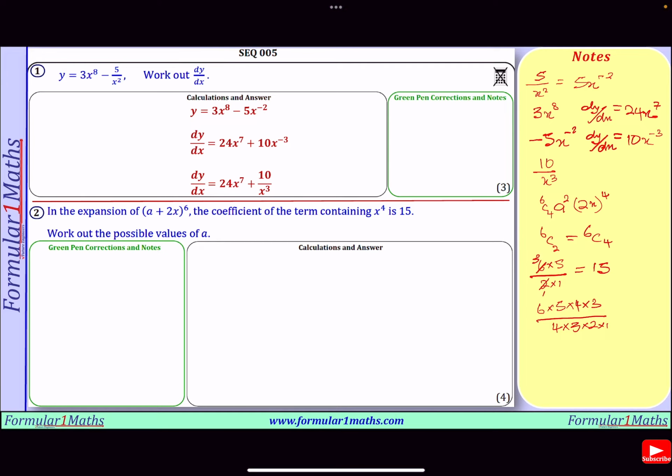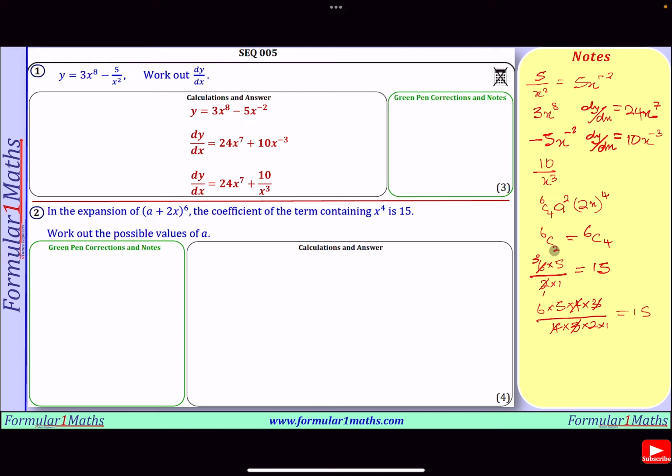And as you can see, this 4 cancels with that, and this 3 cancels with that. And then we are left with the same thing that we had here, 6 times 5 over 2 times 1, which is here. And so we get the same answer as 15. But like I pointed out, it's easier and you save time by calculating 6c2.